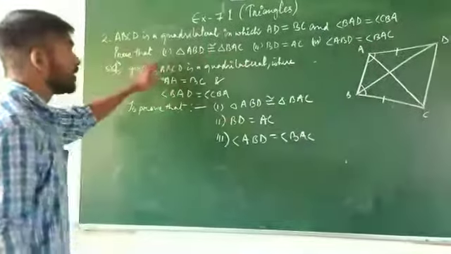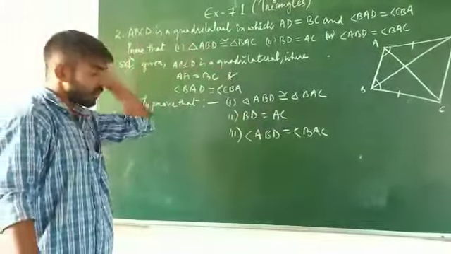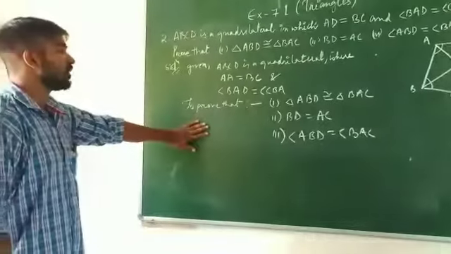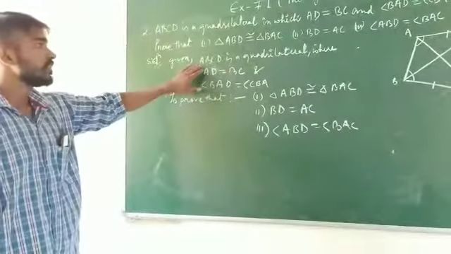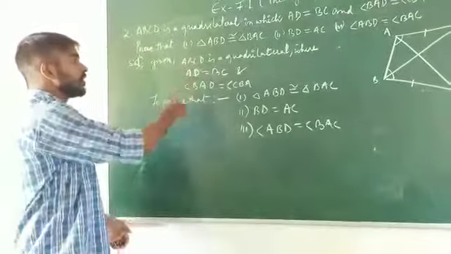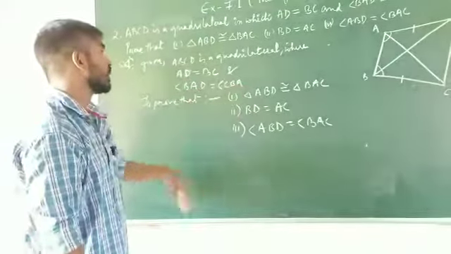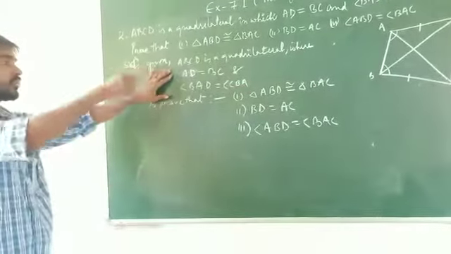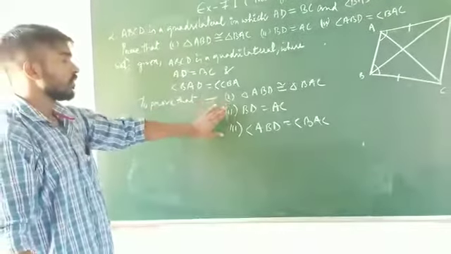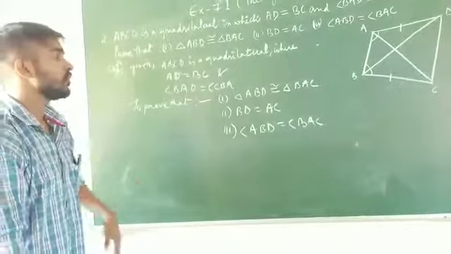We have to prove these three in this question number 2. So given ABCD is a quadrilateral in which AD equal to BC and angle BAD equal to angle CBA. So these are the two things given in this quadrilateral. We have to prove Roman 1, Roman 2, Roman 3.